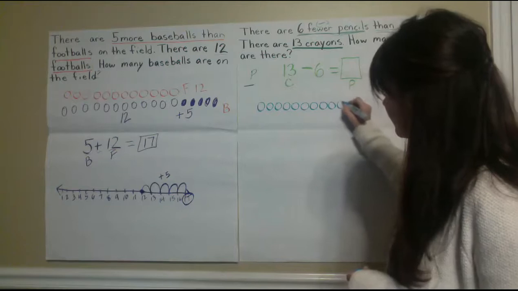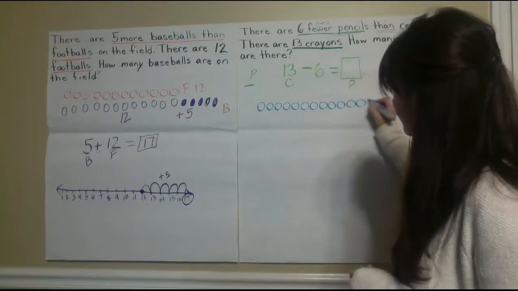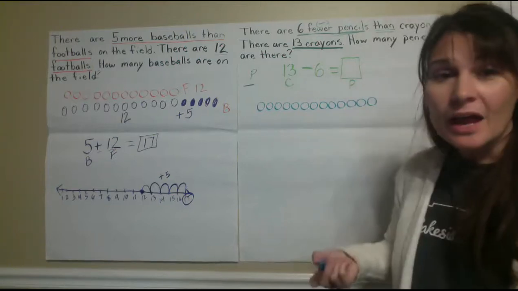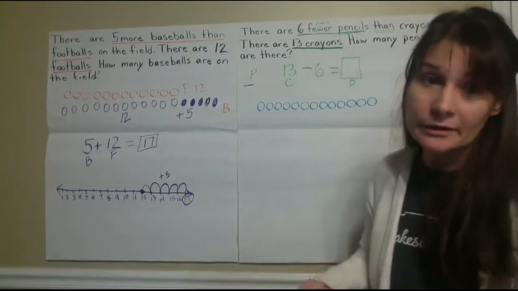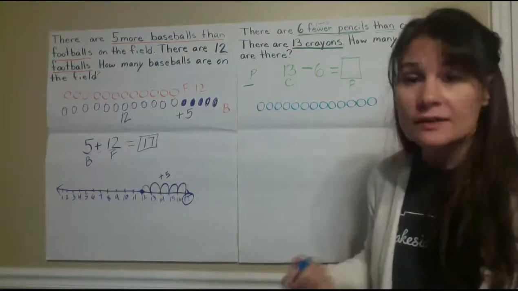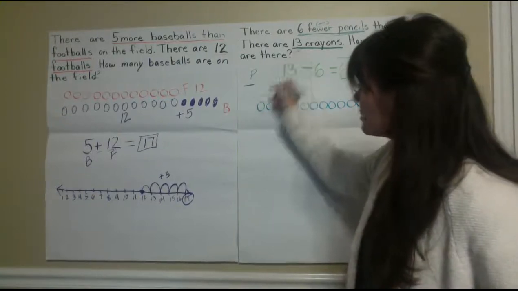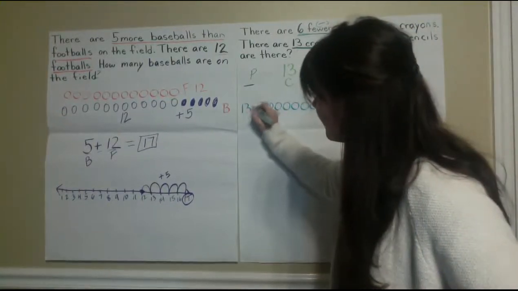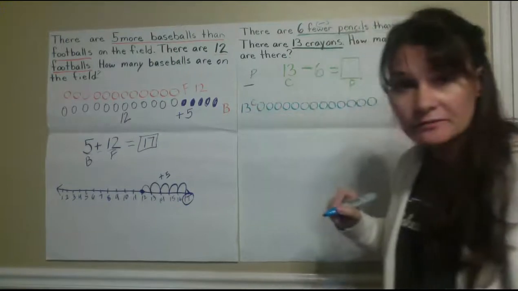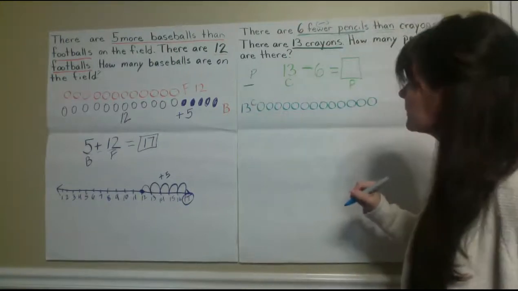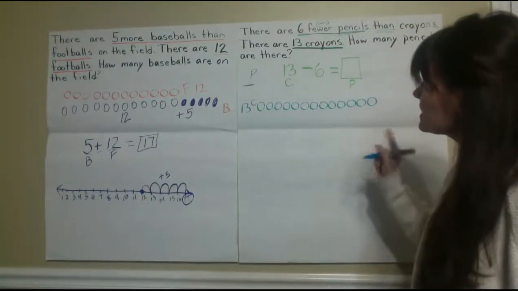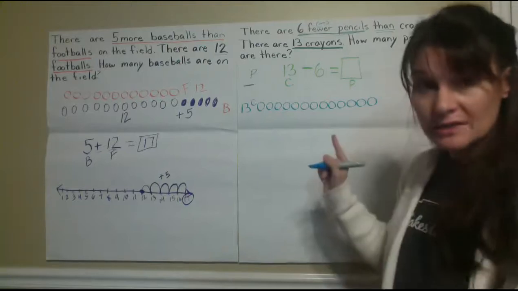And remember, I don't want to waste time drawing crayons or pencils, so I'm just going to draw counters. I know that those are my 13, and those are my crayons, right? So I labeled. I know that there's 6 fewer pencils.